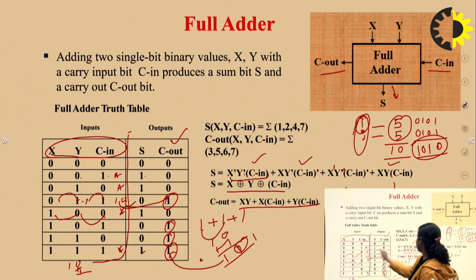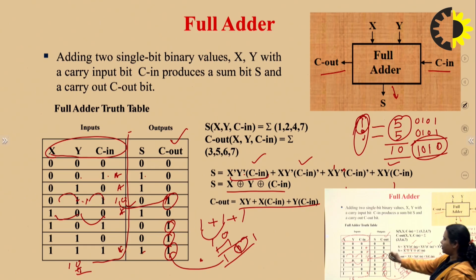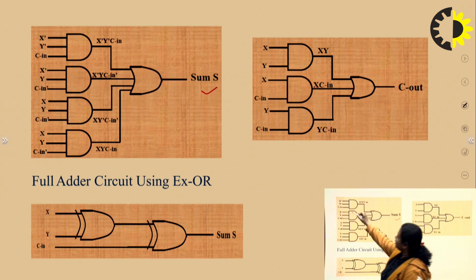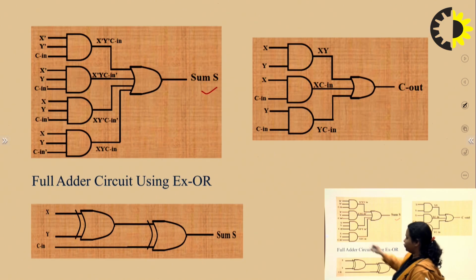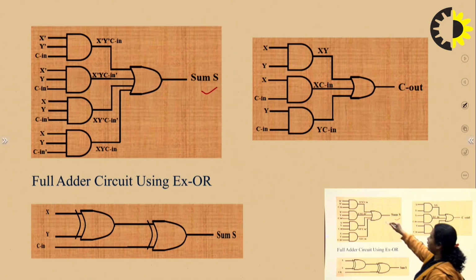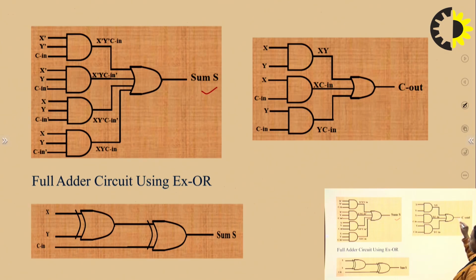This first is x bar, y bar, c in, and then the second one is x bar, y, c in bar. So I have made the expressions like this. This is first, this is second, third, fourth. So 4 AND gates are used and all are fed to an OR gate and then you are getting sum. Clear? In a similar way you will get it for Cout.